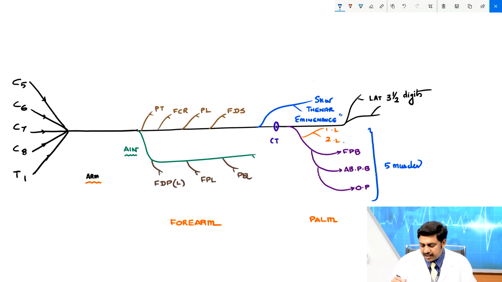Is that clear? Now, I repeat, in the palm, look at the picture, it is going to supply 5 muscles, first lumbrical, second lumbrical, flexor pollicis brevis, abductor pollicis brevis and opponens pollicis, and the lateral 3½ digits on the palmar aspect.